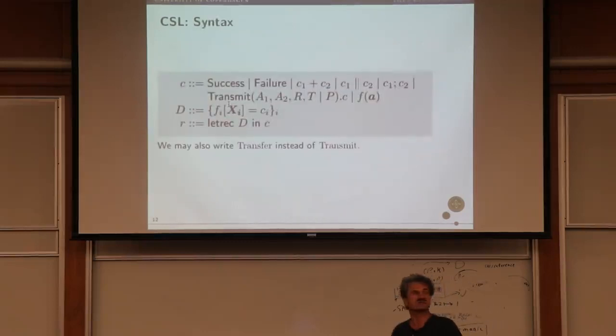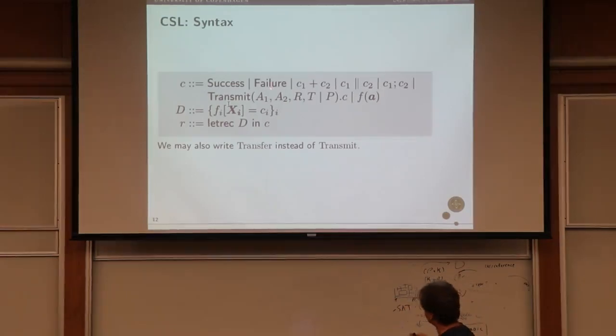So here's the syntax. This is actually the original complete syntax. It's not much more complicated nowadays, but you can declare things and so on in Deon Digital CSL. So the syntax says, okay, a contract, you start with a bunch of declarations, but basically a contract is either terminated successfully, which we denote by success, or it's a failure, which means it's the empty set of sequences.